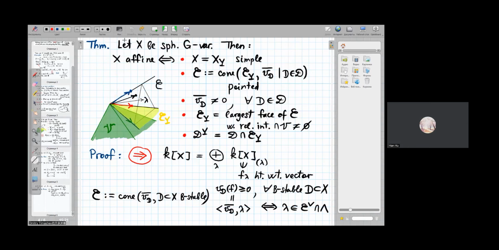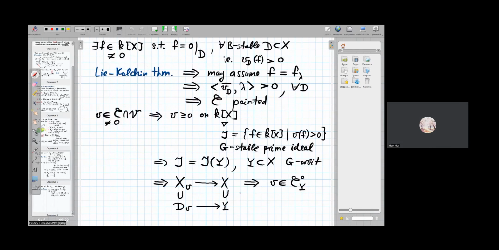Maybe it's better to mark it by yellow, because it will be the supporting function. So we have this vector mu in the dual vector space, which is the supporting linear function for the face of C, marked by yellow, this face, containing the vector v in its interior.